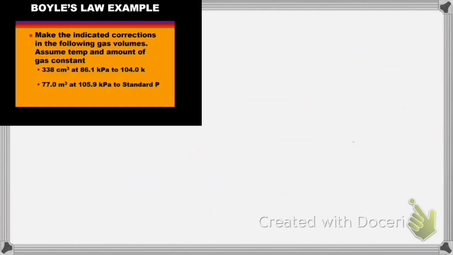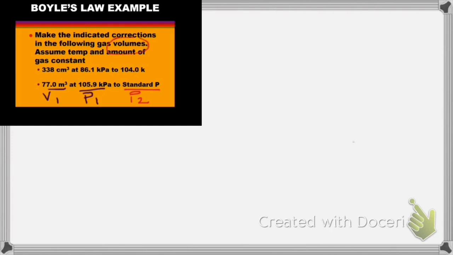Our second example. Let's call this volume 1. We'll call this pressure 1. And they are giving us not a number, they're saying standard pressure. We can use any standard pressure unit that we want, but because the unit on pressure 1 is kPa, we're going to say we want to use the standard pressure of 101.3 kPa for condition 2.